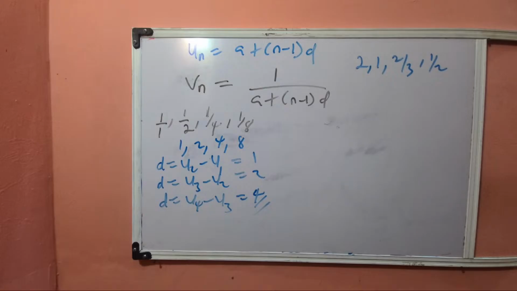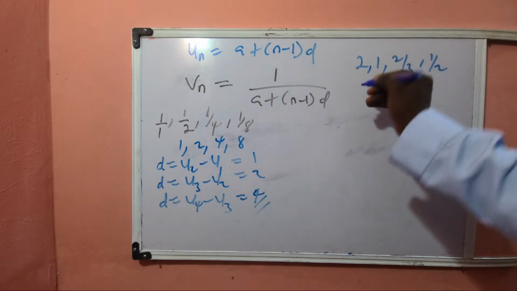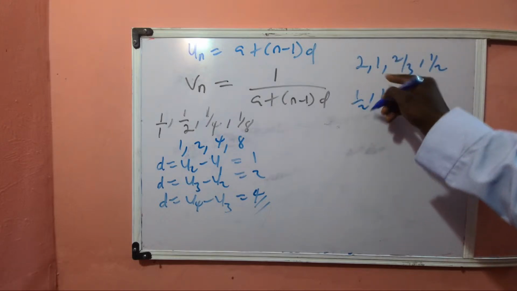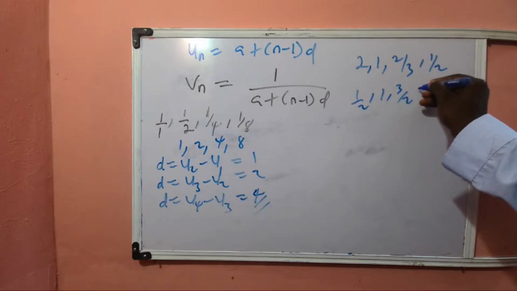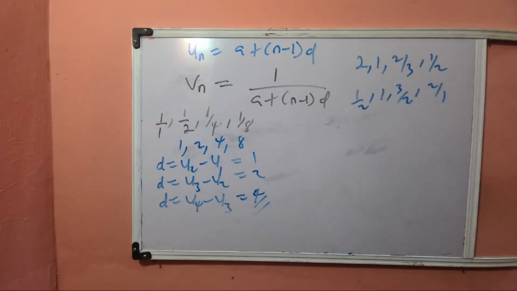Let's try and examine this. One of the definitions of a harmonic sequence is that the reciprocal of a harmonic sequence should give you an AP. So let's find the reciprocal of these terms and see what we get. The reciprocal will be 1 over 2, 1, 3 over 2, 2 over 1.